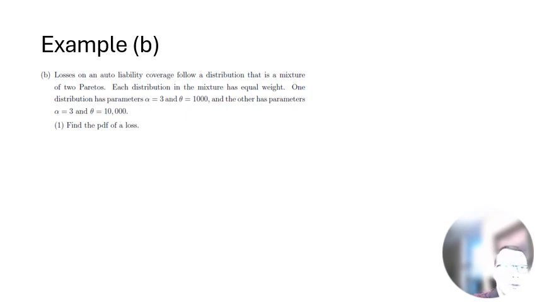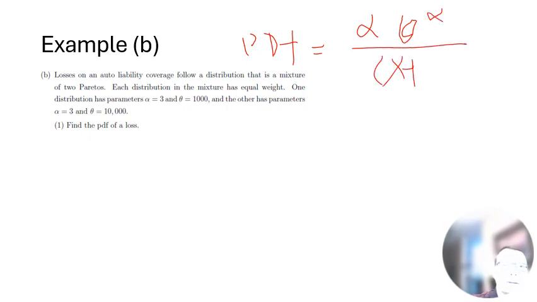First we want to review the Pareto distribution's PDF. We know the PDF for the Pareto distribution, I believe, is alpha times theta to the alpha, over x plus theta to the alpha plus 1. So once we know this, it will be easier to write it out. We know the weight, equal weight means the weight is 50% for each.